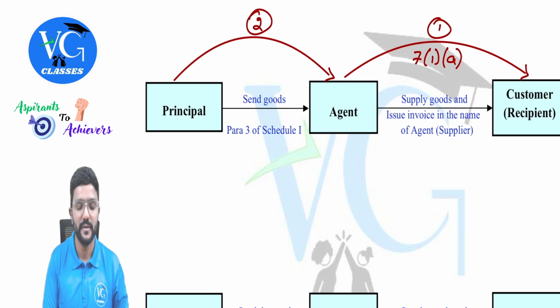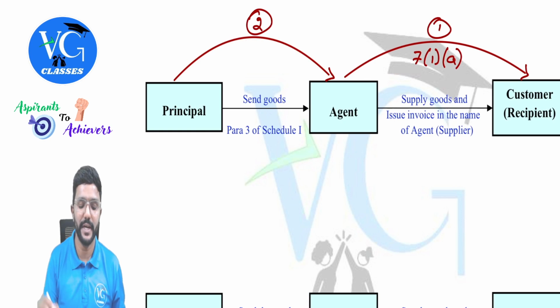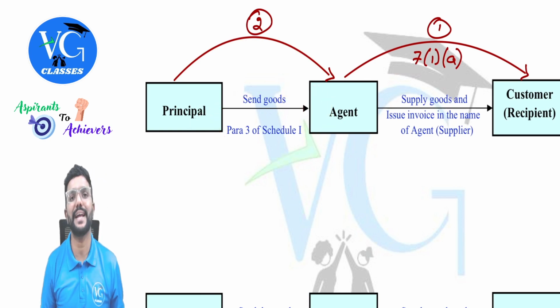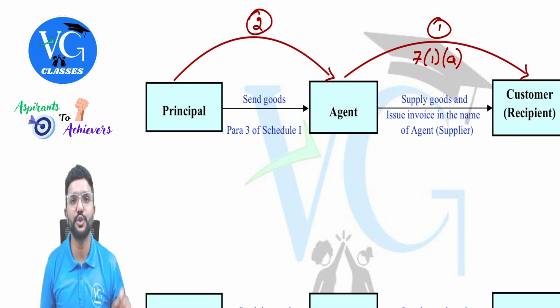Whereas the other one is when principal sent the goods to an agent, even without consideration, it will be a supply, guys, as per para 3 of Schedule I. Is that clear? Yes, because for this transaction, invoice is issued in the name of agent. So there are two different supplies. One is from agent to customer, the other one is from principal to agent. This is with respect to sales.